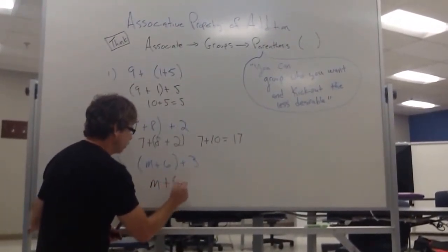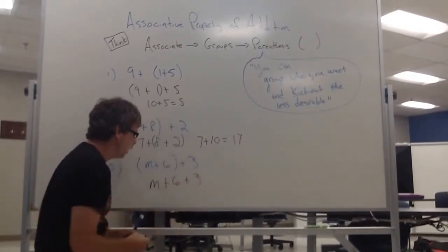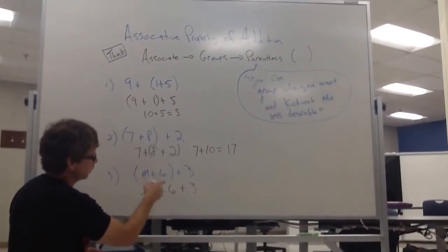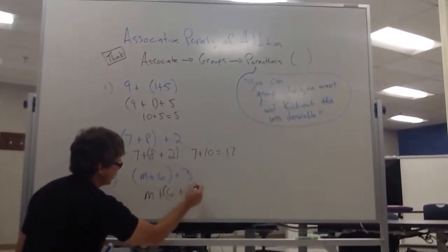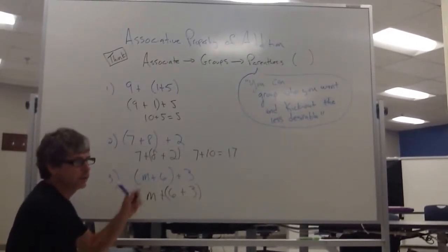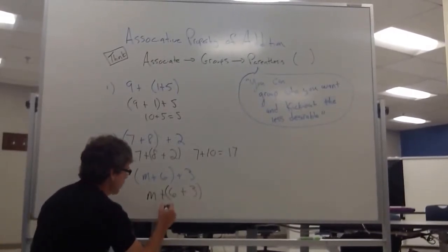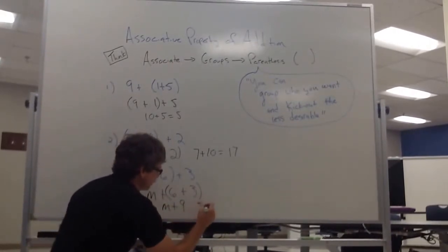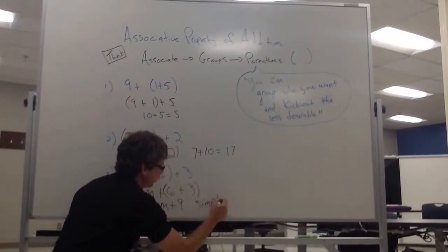I don't have to change the order. All I have to do is change my grouping. So the 6 really is more friendly with the 3. So I can change him into a different relationship. The m's on the outskirts, the 3 and 6 can go together, and we can simplify that down to now m plus 9. And we refer to that as simplified. We can't go any further with that.